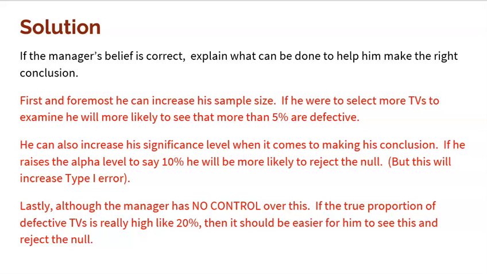If the truth is like 7%, just a little bit high, well, yes, 7% is more than 5%. We should reject the null, but maybe a sample doesn't show that because it's really not that much higher. So what I'm trying to get at here is that if the truth is way far away from our null, then we should see that and reject the null. But again, the manager really has no control over this.